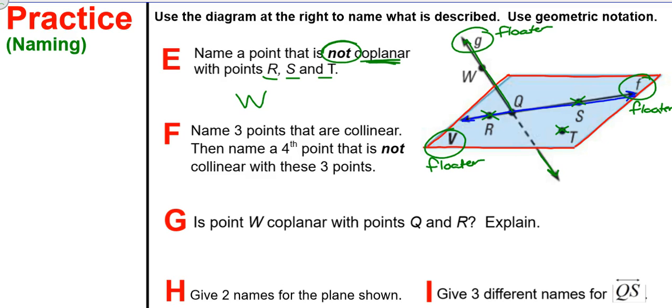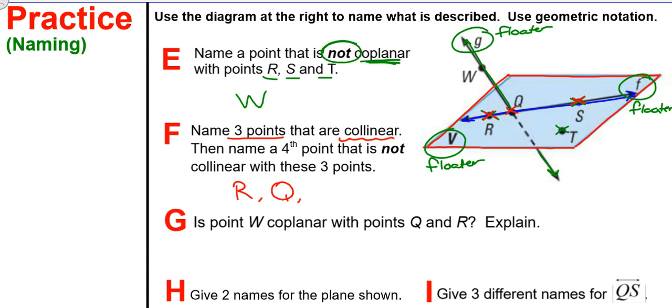Letter F, it says here that we are going to name 3 points that are collinear. Then name a fourth point that is not collinear with these 3 points. So 3 points in a line, that would be R, Q, and S are all on the blue line.